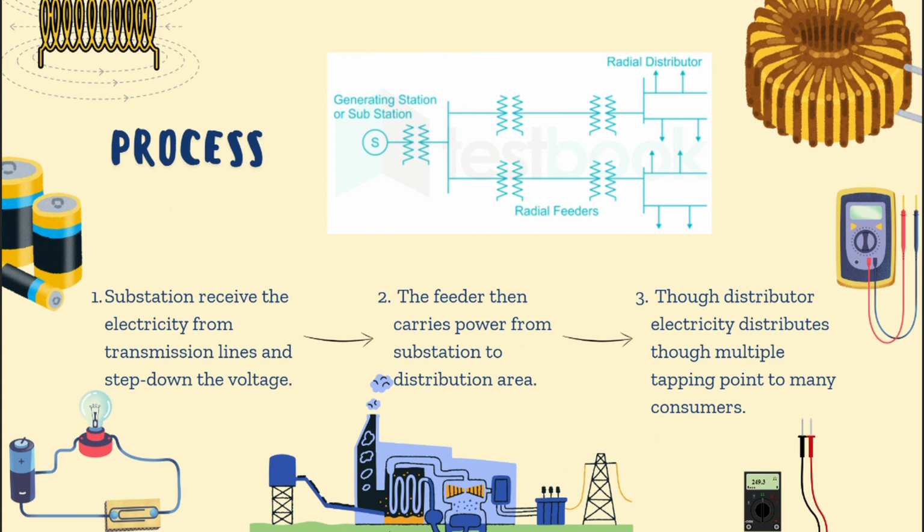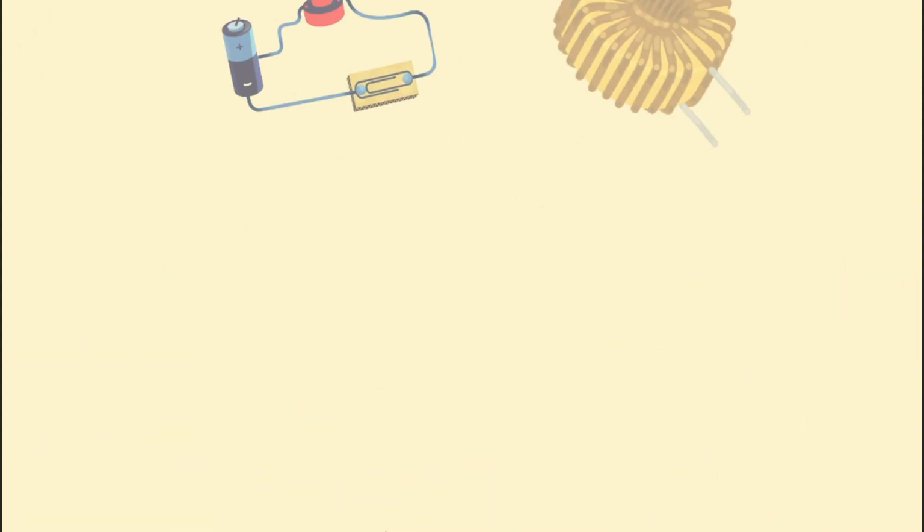For the process, first, the substation receives electricity from the transmission line and steps down the voltage. Second, the feeder then carries power from the substation to the distribution area. Third, through the distributor, electricity is distributed through multiple points to many customers.